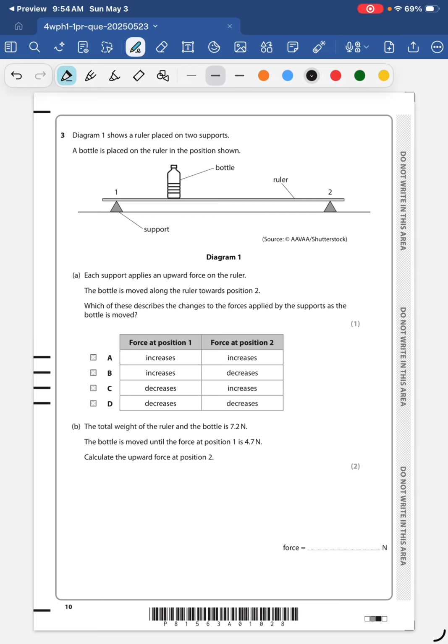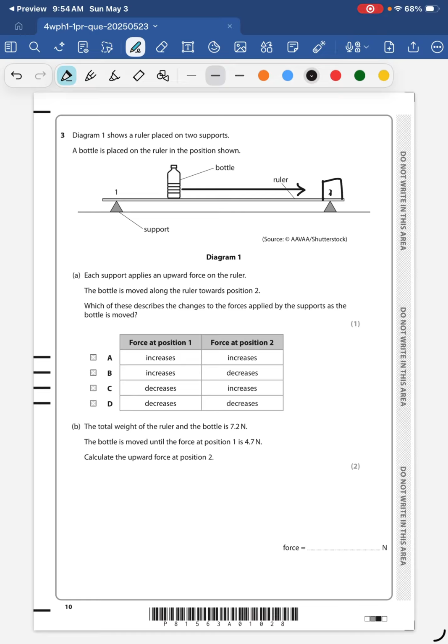Okay, so as the bottle moves closer to position number 2, the force from position 2 is going to increase. Why is that? Because if I put the bottle over here, all the mass of the bottle will be concentrated pretty much on top of this support, right?